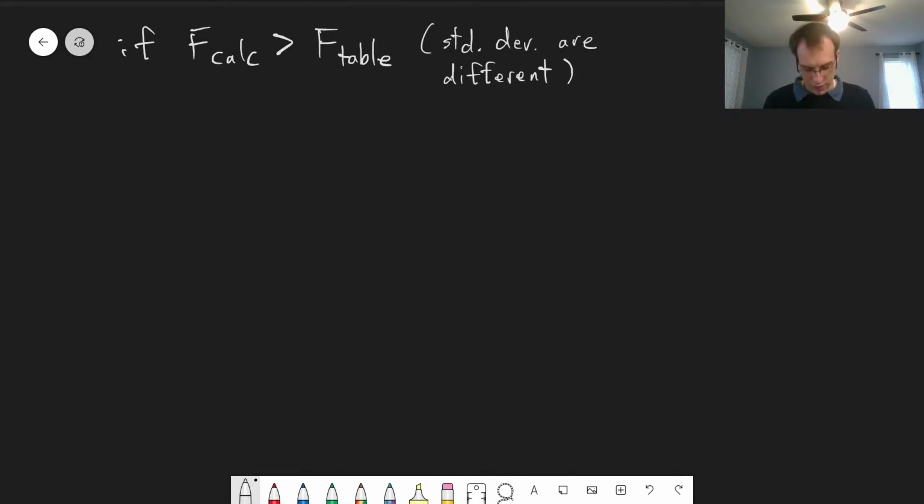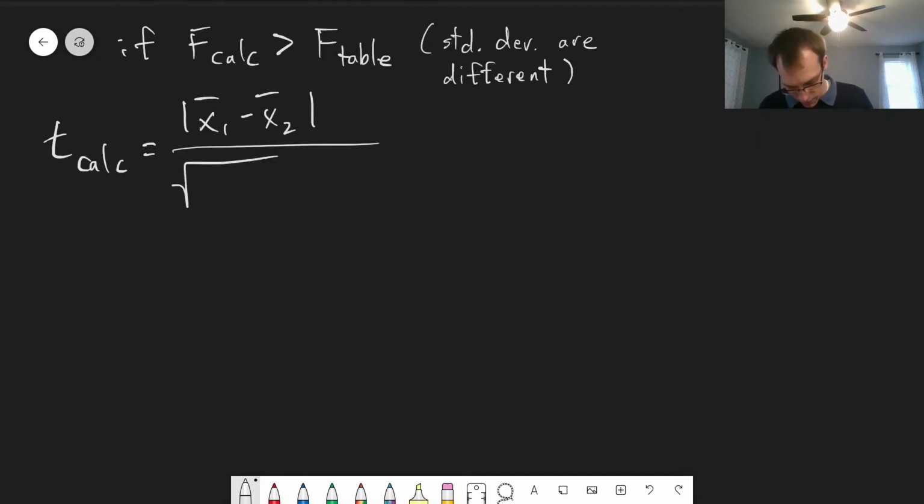We're still going to calculate a t-value and do a comparison to a t-table, but the equation that we use is different. So our t calculated for this part of case 2 is: we still take the absolute value of the difference in the means, and we divide it now by the square root of s1 squared divided by n1 plus s2 squared divided by n2.